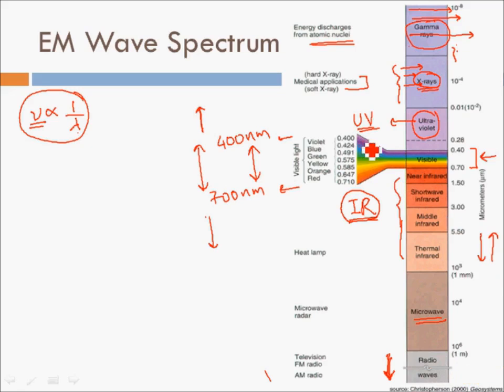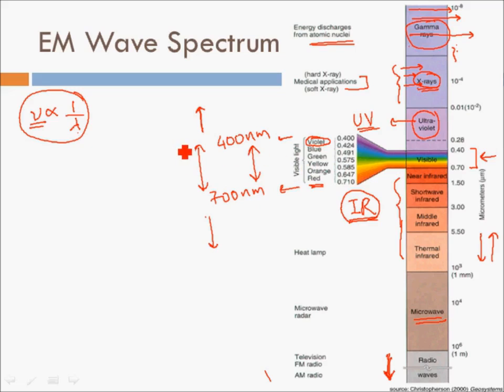So in the visible region, just look at the colors being shown over here. The visible region starts from around 400 nanometer, which has an approximate color of violet. As you move on increasing the wavelength up to 700 nanometer, the color changes from violet to red.